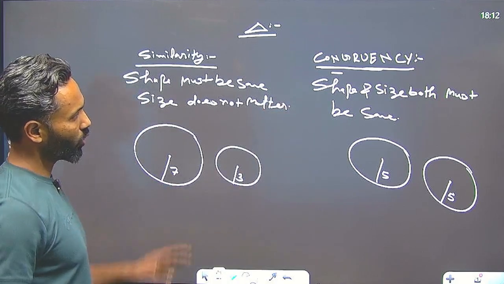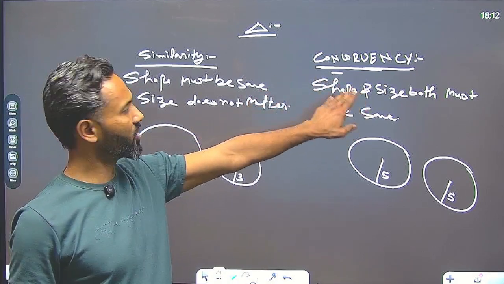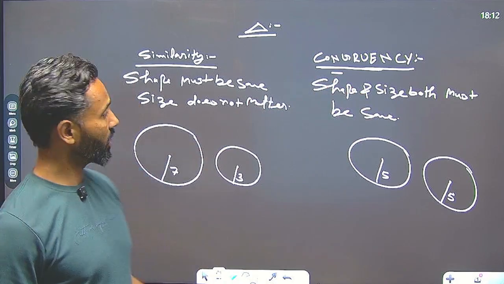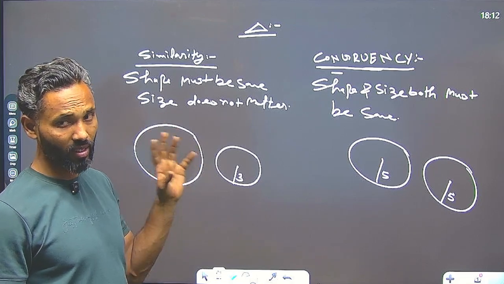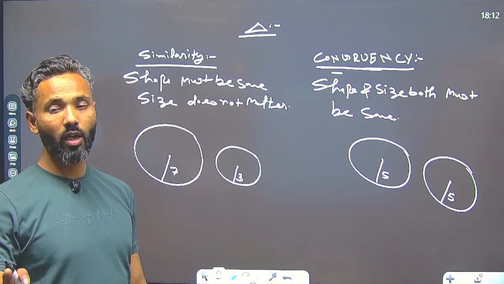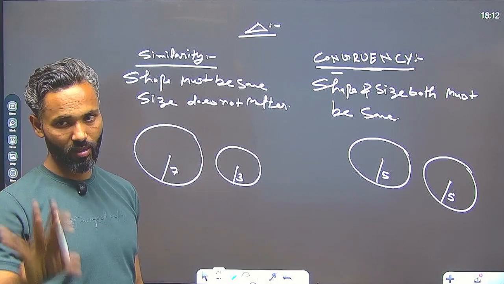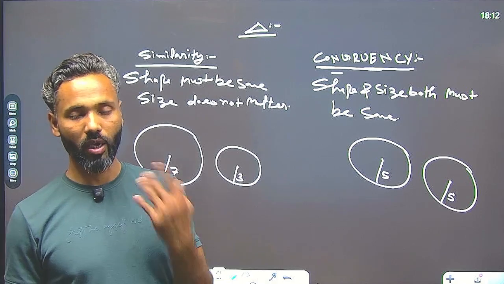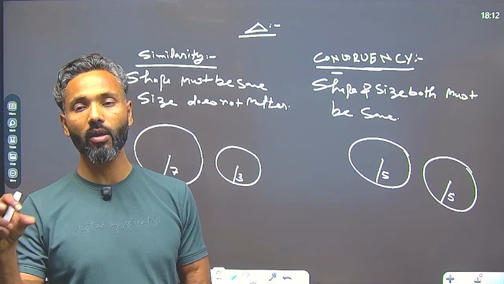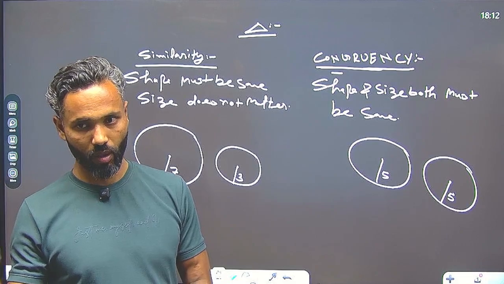Now, you can say in congruency shape and size both must be the same, but in similarity shape must be the same, size doesn't matter. So we can say that each pair of congruents will be a pair of similars. Understand? But it is not certain that each pair of similars will be a pair of congruents.